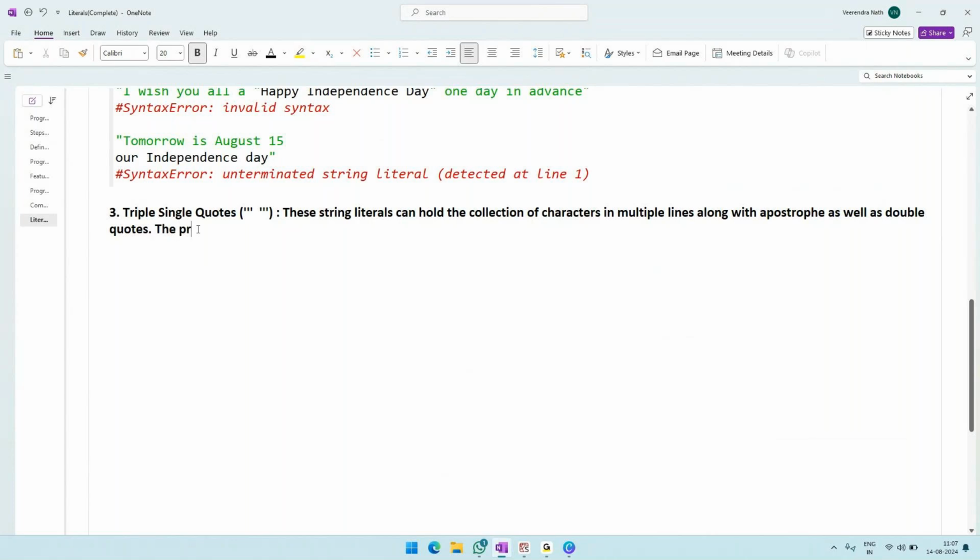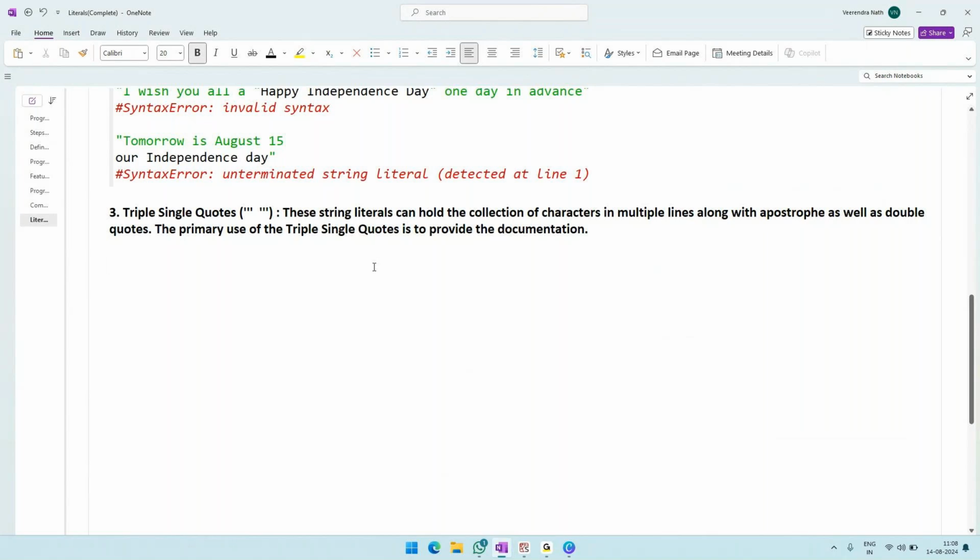The primary use of the triple single quotes is to provide documentation.